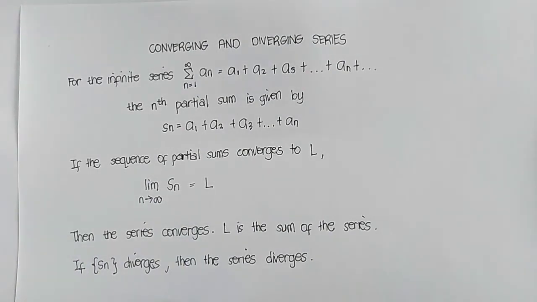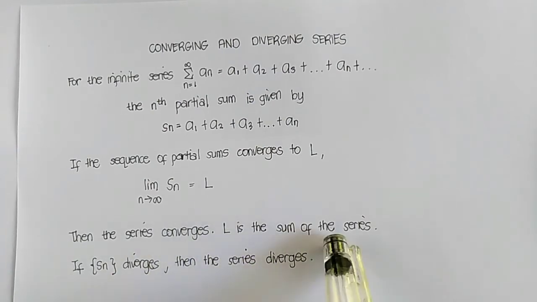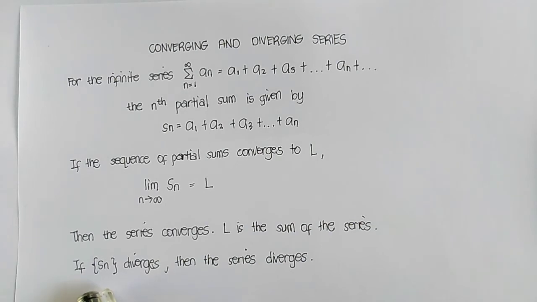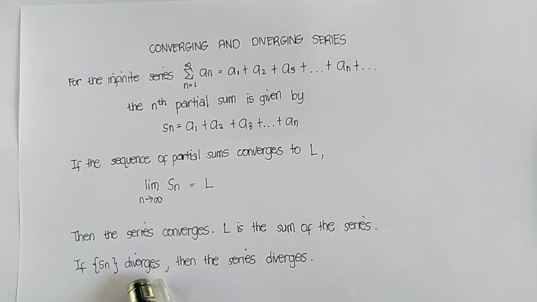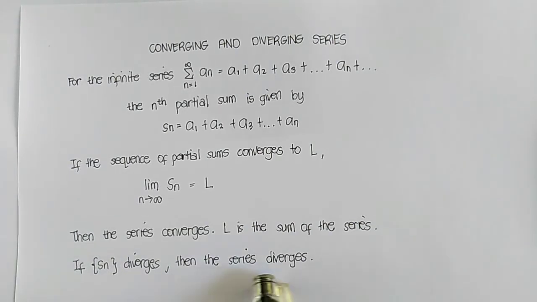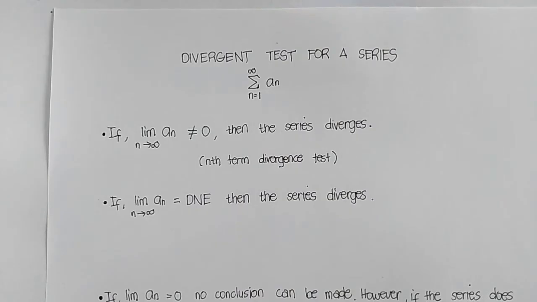We can also say that L is the sum of the infinite series. Otherwise, if s sub n diverges, then the series also diverges. I hope that you have fully understood the previous discussion that we had.